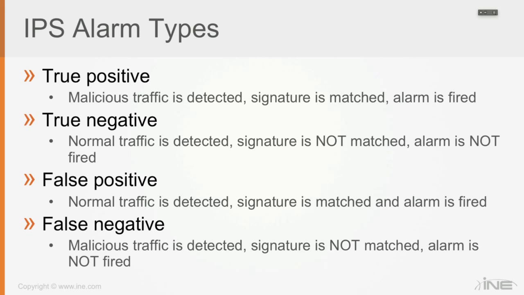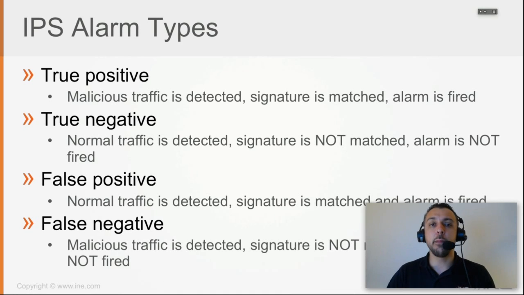So a false negative means an alarm is not fired, but because it's false, it should have been fired, because malicious traffic was actually happening, but the signature was not matched. Usually this means, for example, a bug in the IPS functionality, because the traffic is malicious, but you don't fire an alarm.